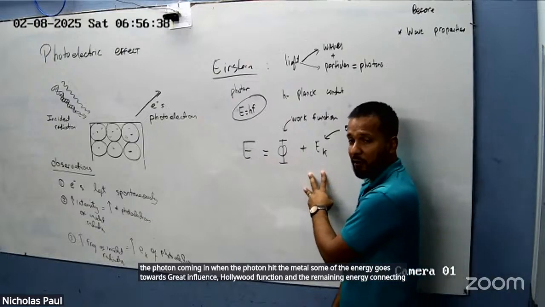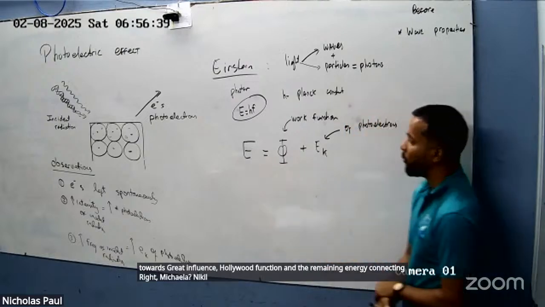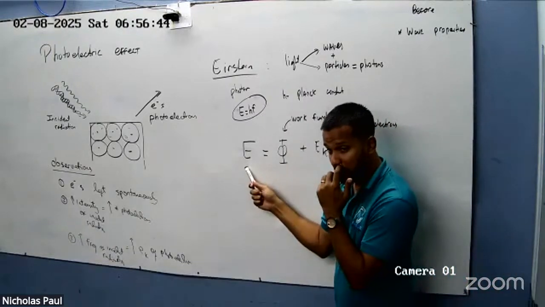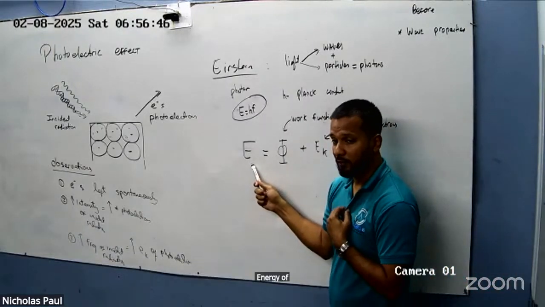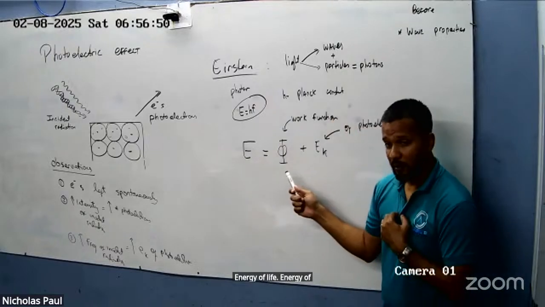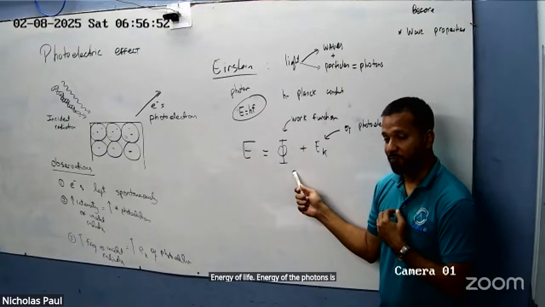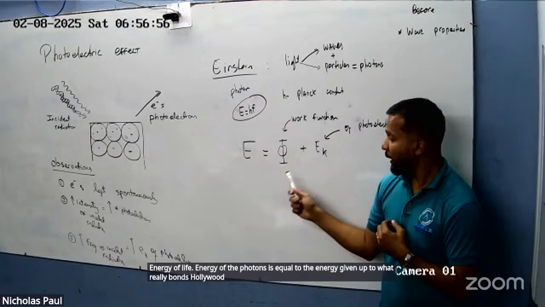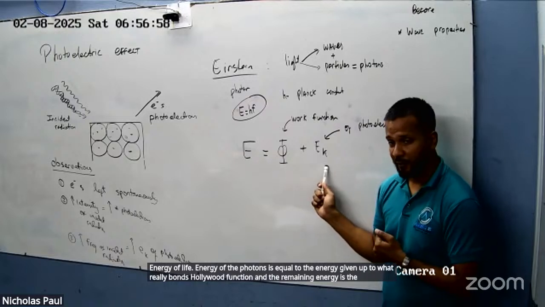Nikela, you can just summarize what it's saying here. Energy of the photon is equal to the energy given off to break bonds for the work function, and the remaining energy is the kinetic energy.